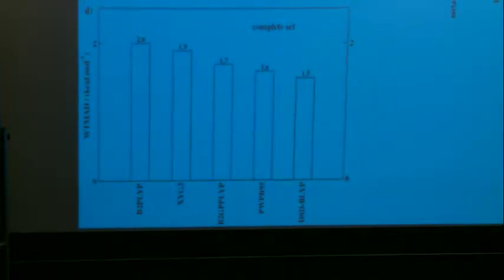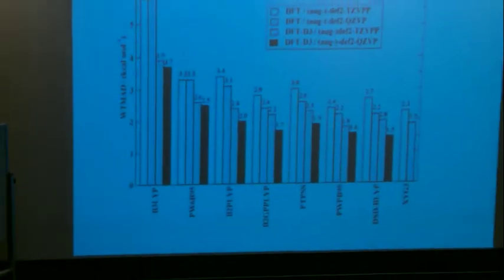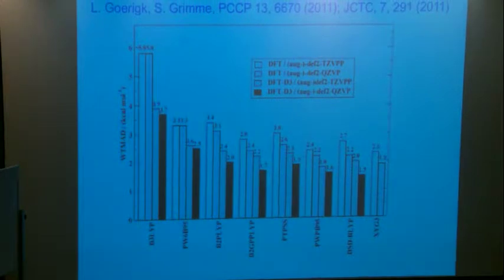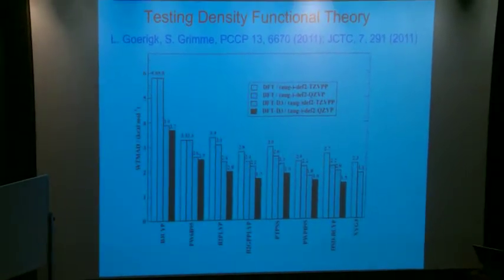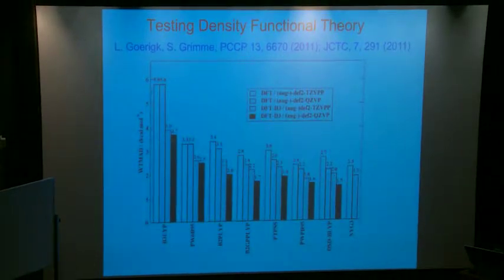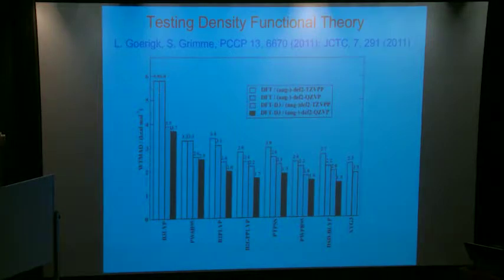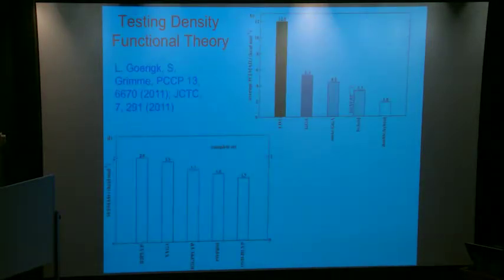It looks like this DSD-BLYP would be a better one, but I don't know how to implement that one. But these numbers here are kcal per mole, 2 kcal per mole. Chemical accuracy is 1 kcal per mole. So we're not quite at chemical accuracy, but we're a lot closer than we were back when we started with local density approximations or even meta GGAs.